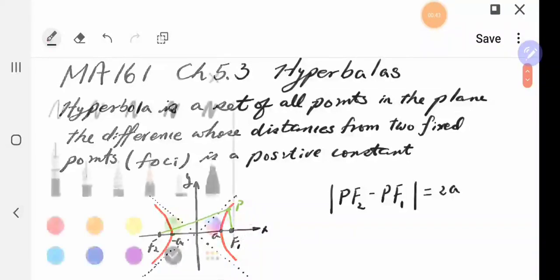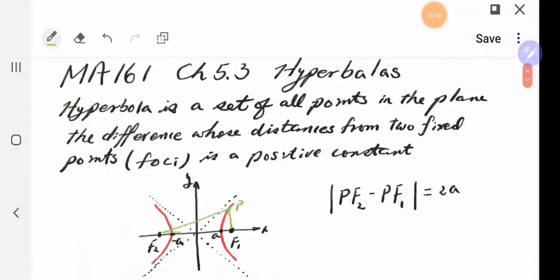So the difference between the two line segments should be equal to 2a, a constant. If we use an absolute value so that the difference will be positive, then that constant value will be 2 times a.